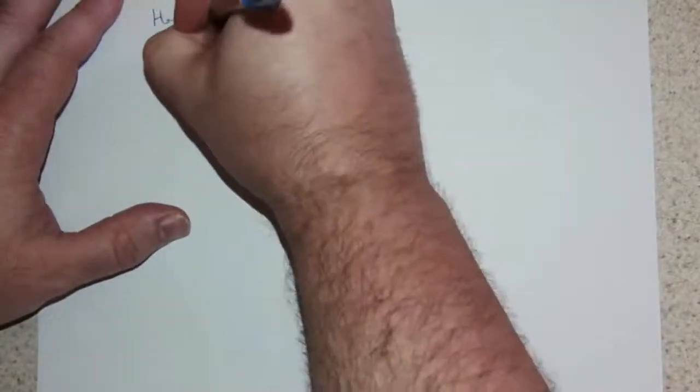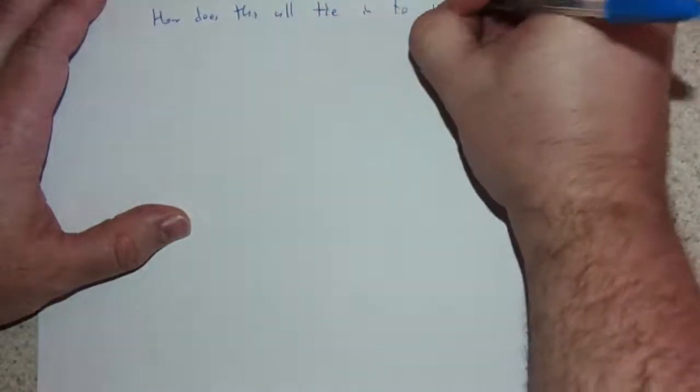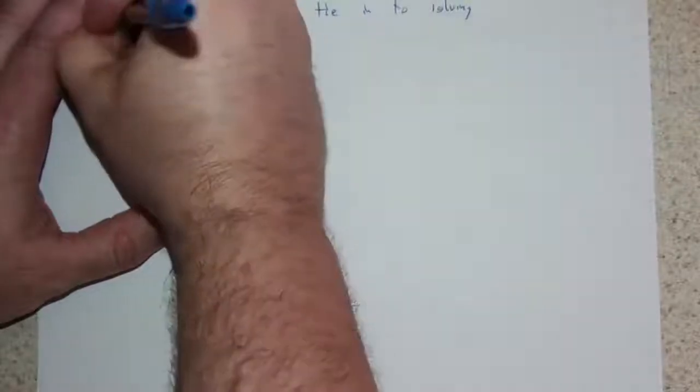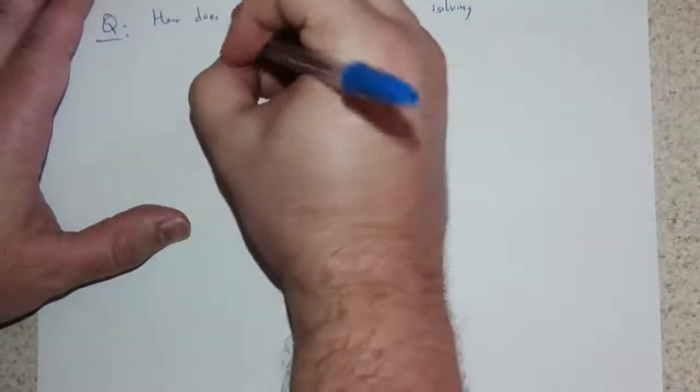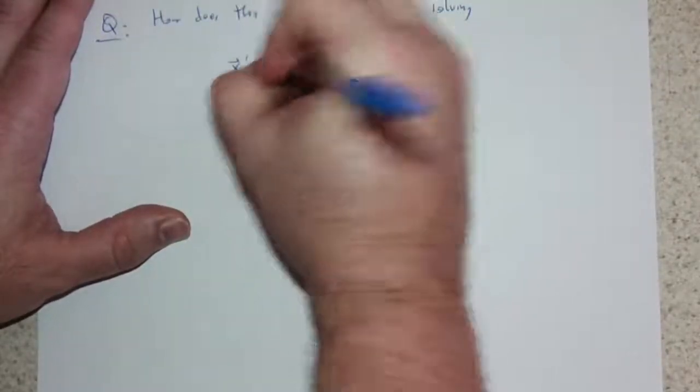Now, how does this all tie in to solving X prime equals AX? This is the big question.